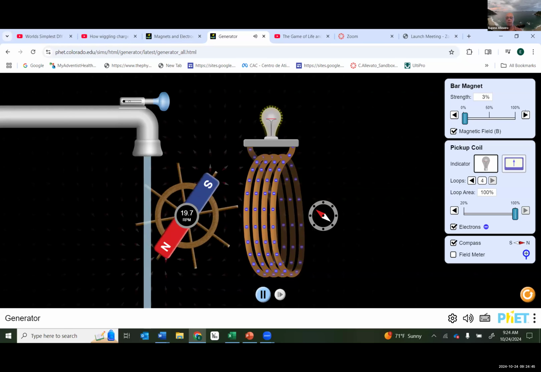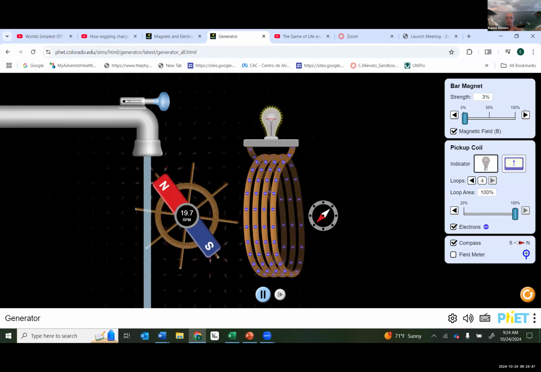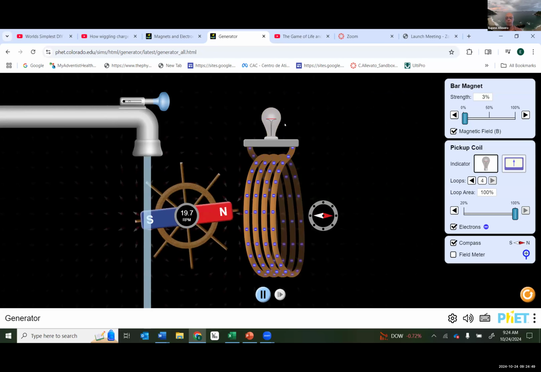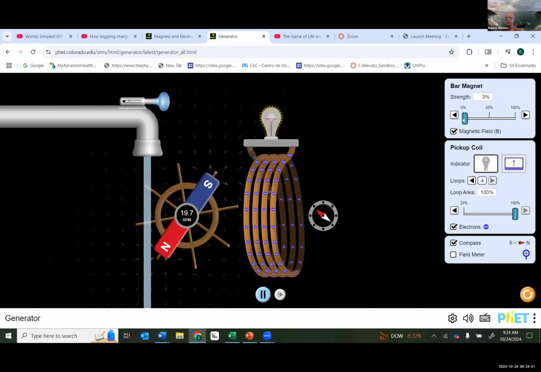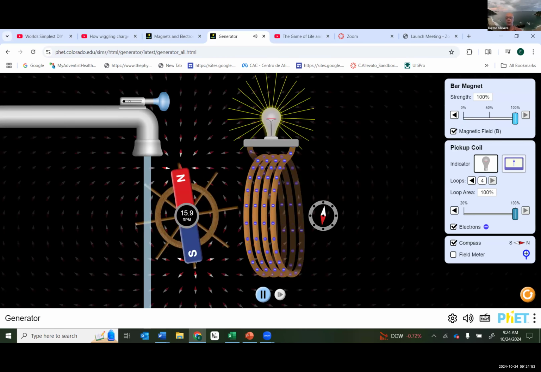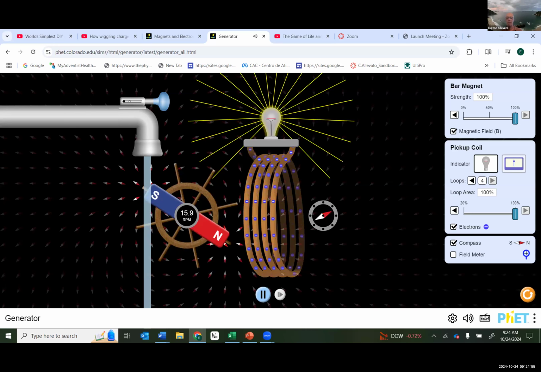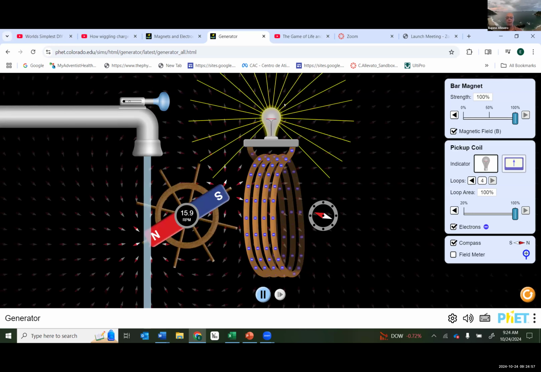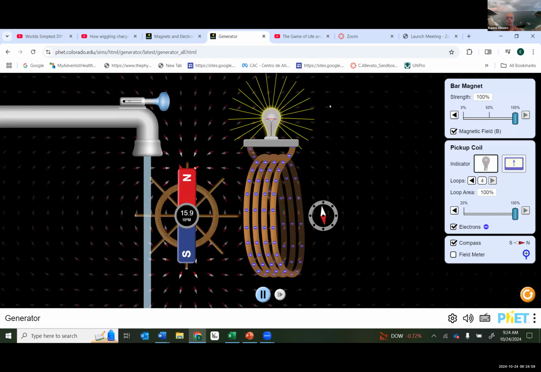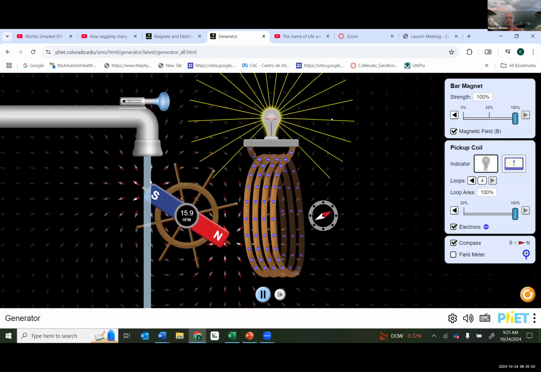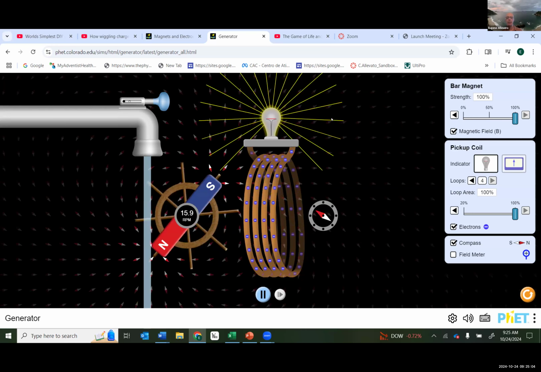Then you see a small production of current, and the intensity is increasing. If I increase the magnet to its highest strength, you see that the intensity of the light has increased significantly.